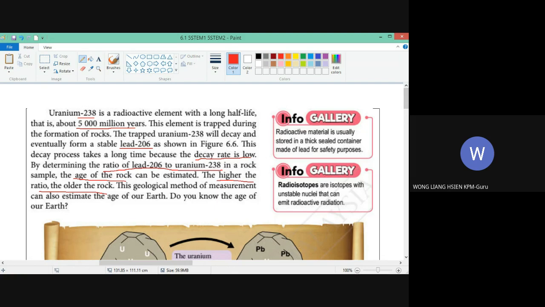All right, so we understand. Because we know the half-life of the radioactive substance, and we know that after it decays it will turn into one element, if we take the ratio of the lead, which is the final product of the decay of uranium, and compare it with the uranium, the ratio between lead and uranium, then we can estimate.